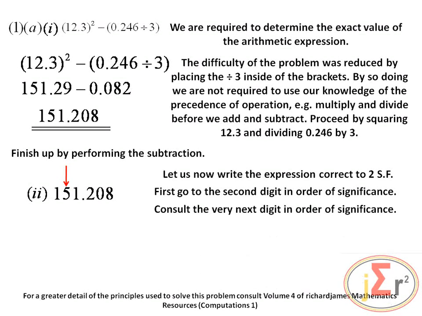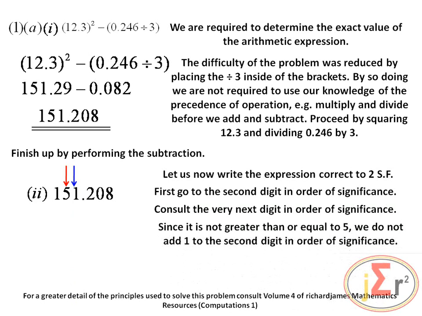Of course, we are going to consult the very next digit in order of significance. That one. And we are going to examine to see if that digit is greater than or equal to 5. If it is greater than or equal to 5, we will add 1 to the second digit in order of significance.